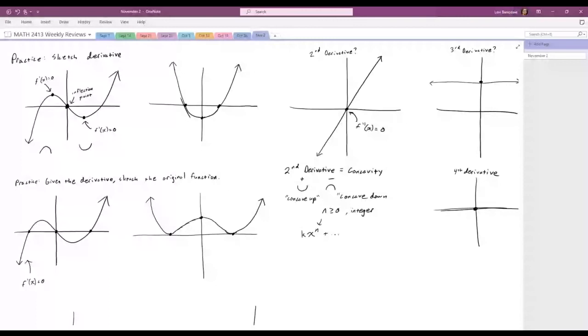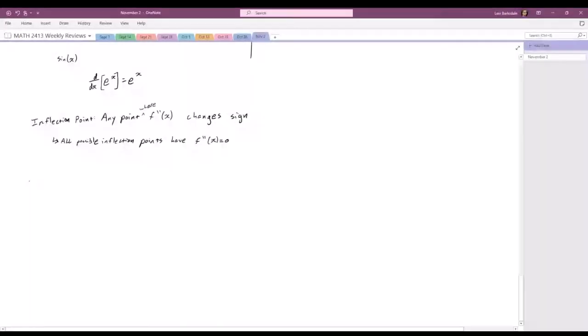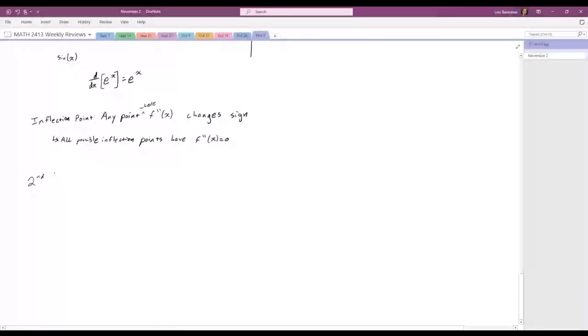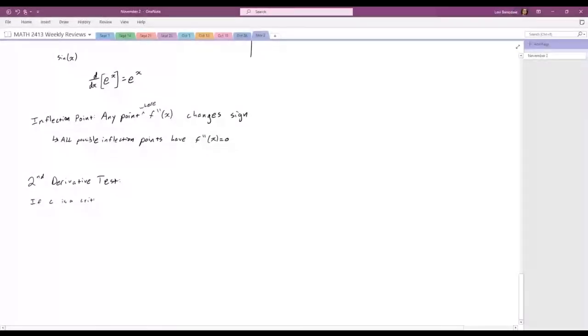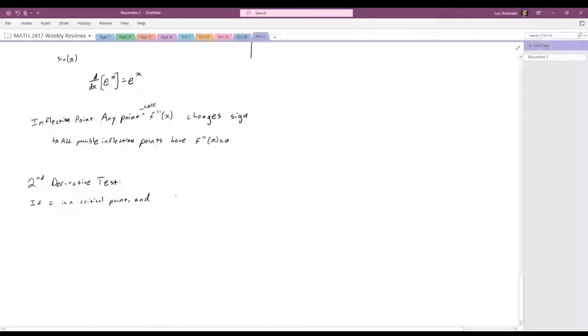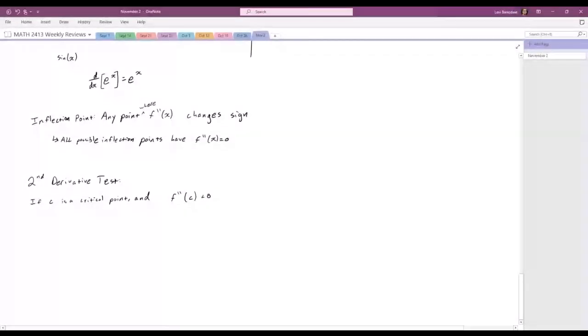So our second derivative test says if we have a critical point and we have that our second derivative at that point is smaller than 0, in other words, we're concave down, then we have a maximum.